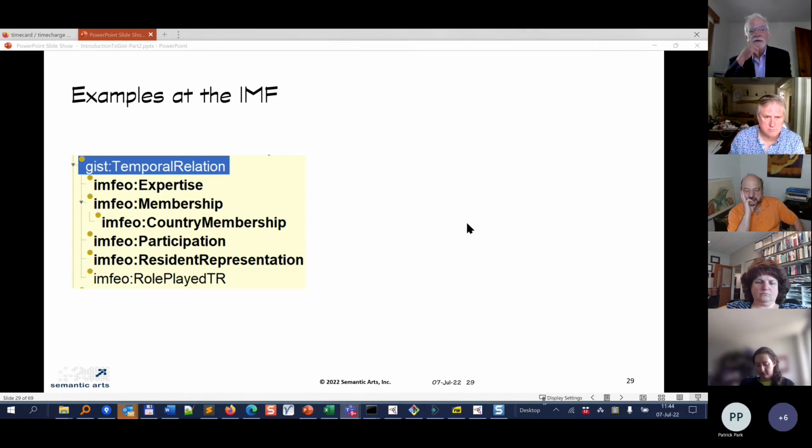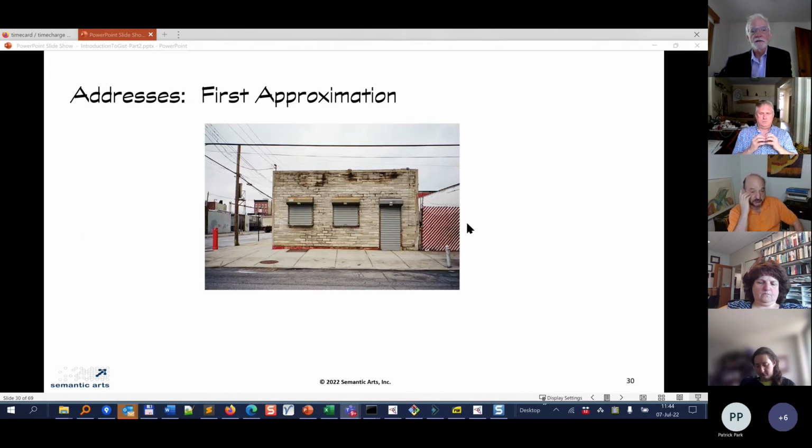So they need to track who had expertise in a given area for a period of time, or who was a member of the IMF. Membership is quite important, but you can be a member for a period of time and then you're not a member anymore. Or you can participate on a committee for a period of time. I was on this committee for 7 months in 2021, but I'm not participating in it anymore. These are real examples that showed up in that particular engagement.